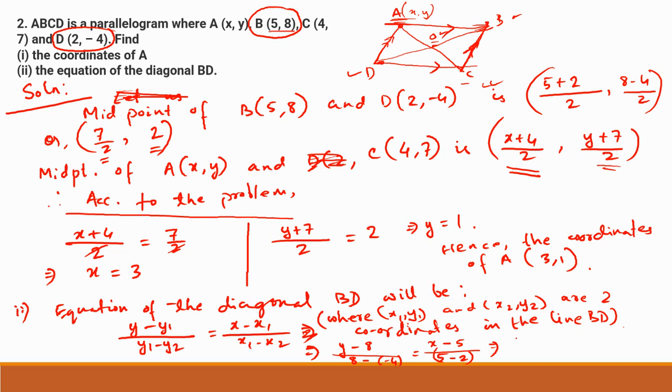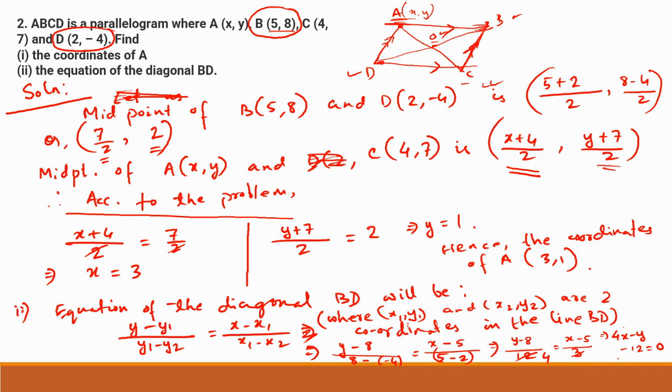Let me do one more line. y minus 8 divided by 12 equals x minus 5 divided by 3. Okay, so 3 gets cancelled, we get 4 here. So y minus 8 equals 4x minus 20, so 4x minus y equals minus 20 plus 8, that is minus 12, right?